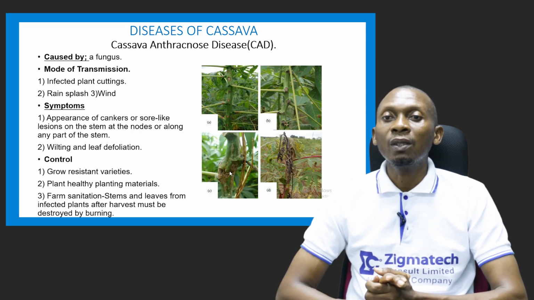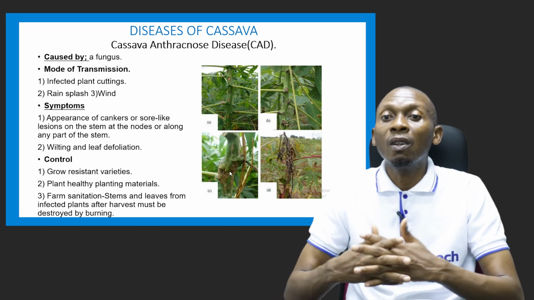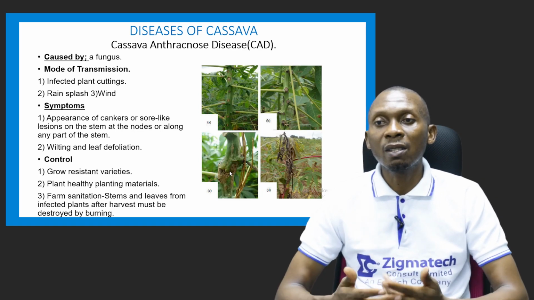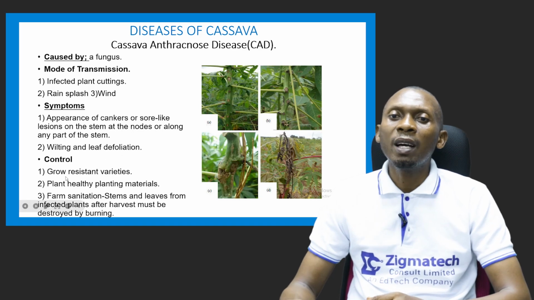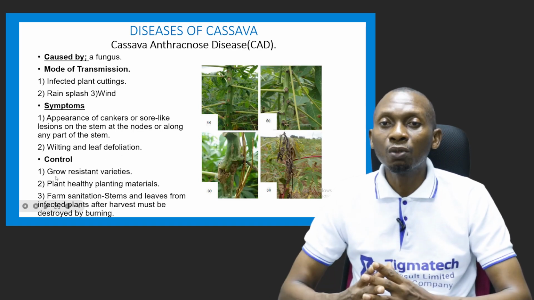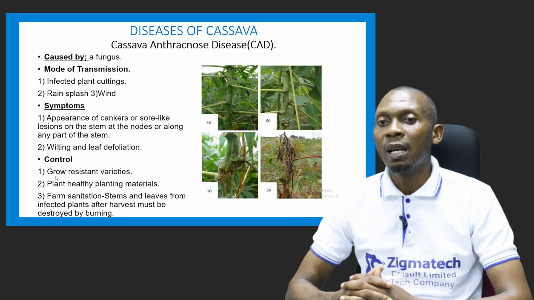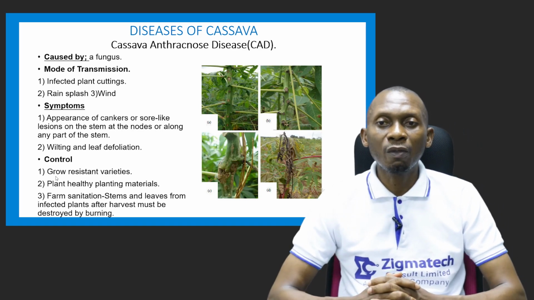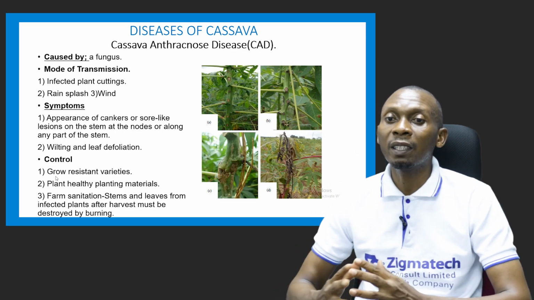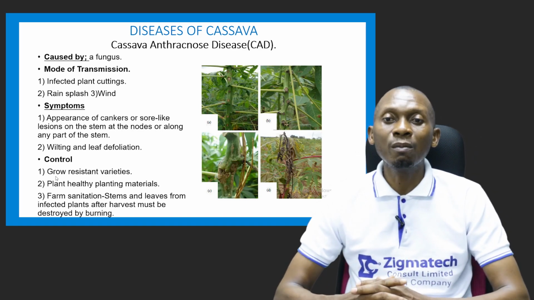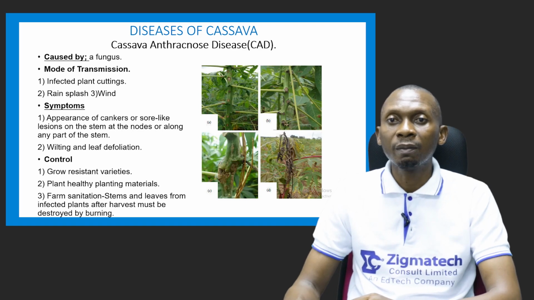Now, there'll be wilting and leaf defoliation, that's loss of leaves. We can control it by growing resistant varieties and also planting healthy planting materials. Farm sanitation can also be a means of controlling it, as the stem and leaves from infected plants after harvesting must be destroyed by burning.